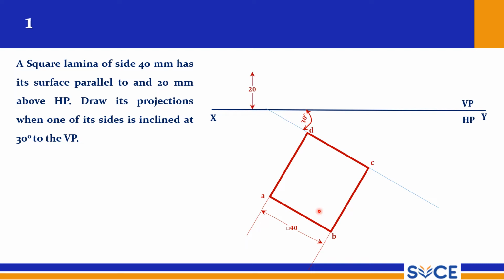So here it is parallel to HP and 20 mm above HP, right? So above HP you measure 20 mm and draw a thin line. From each point of the top view you draw projectors till this thin line, which is the 20 mm line.